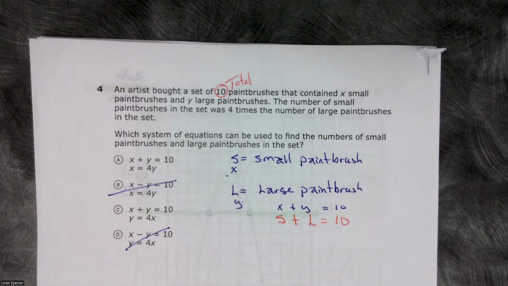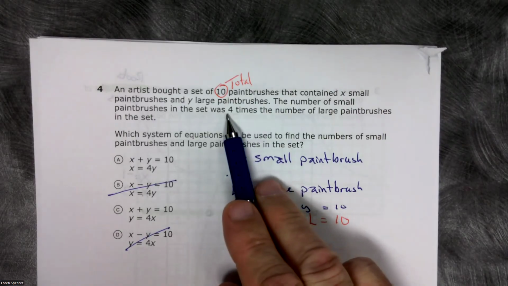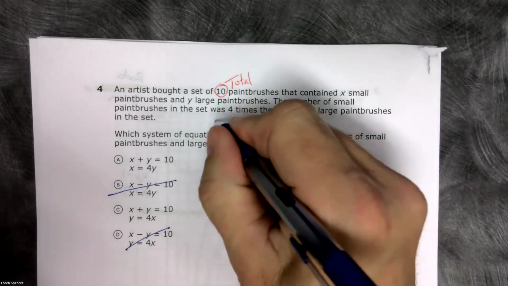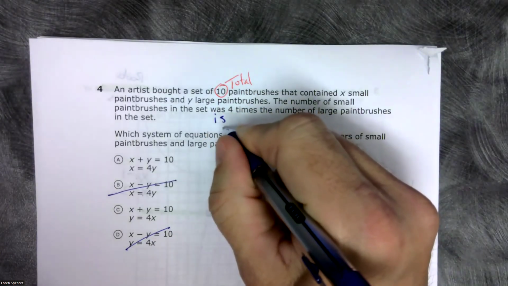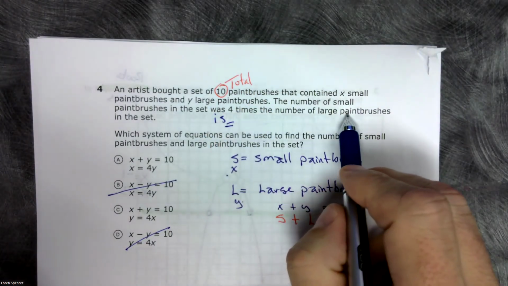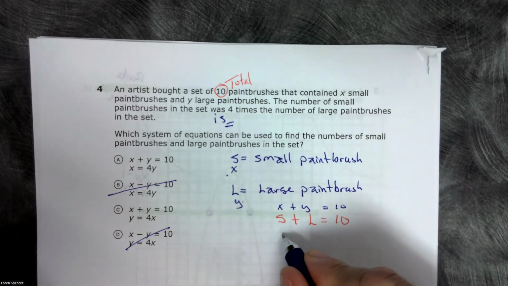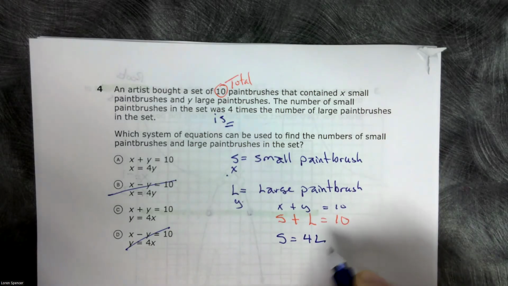If you can get the first equation, we're already down to 50%. We're already down to guessing. Now it says the number of small paintbrushes was, is another word of saying is. Remember from English, was and is are be verbs, equals 4 times the number of large. So small equals 4L.